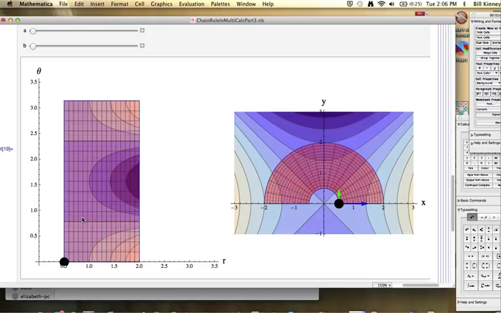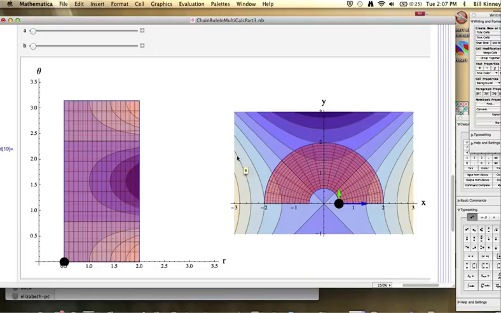What this picture is first of all showing is that this rectangle over here on the left is getting mapped to this half annulus, half of a washer if you prefer, this half ring shape.